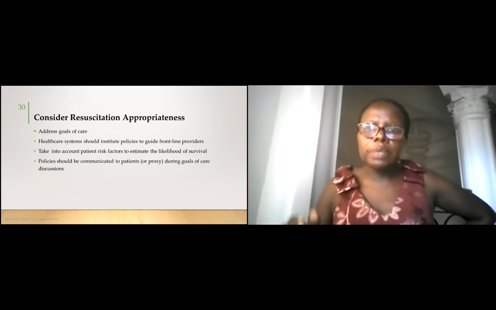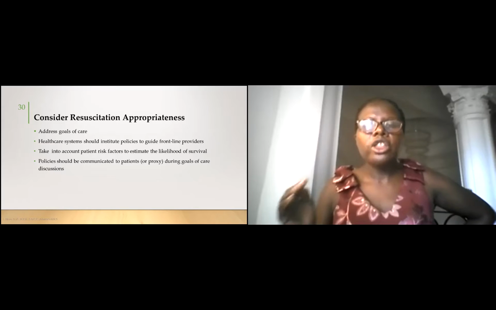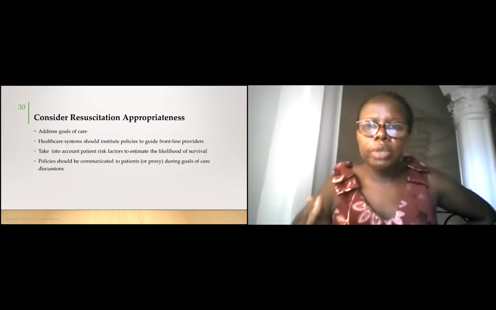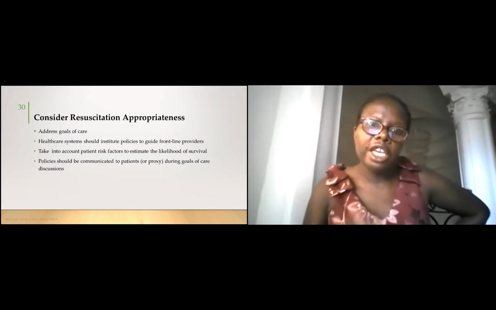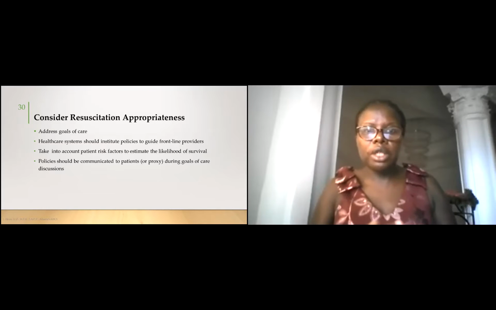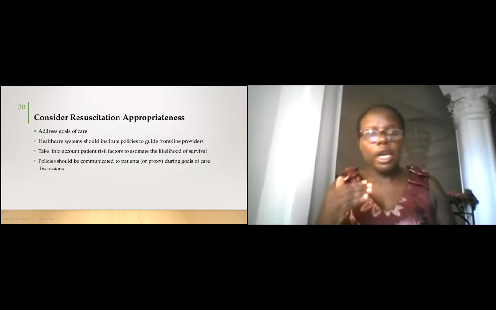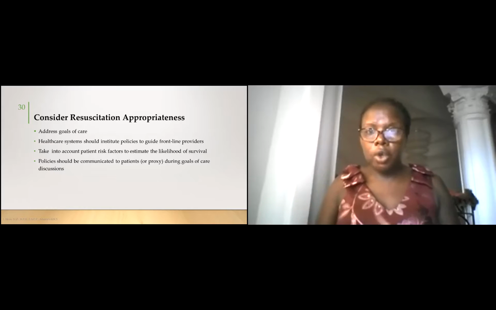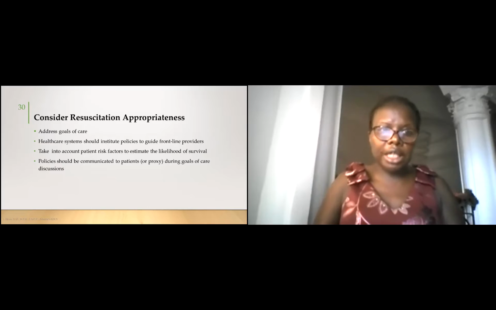Once these policies have been clearly defined, every single provider should be knowledgeable. If you're going to be part of the cardiac arrest or code team, you have to be very knowledgeable. These guidelines should not be difficult to find, and you cannot be part of the code team without making sure that you have these guidelines.